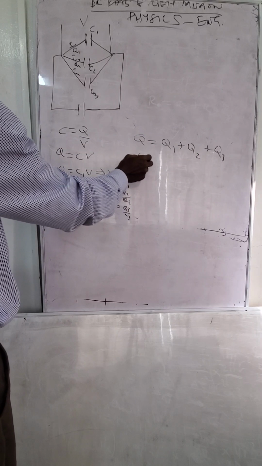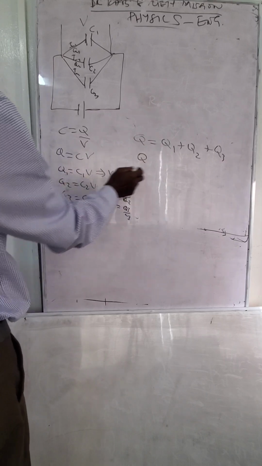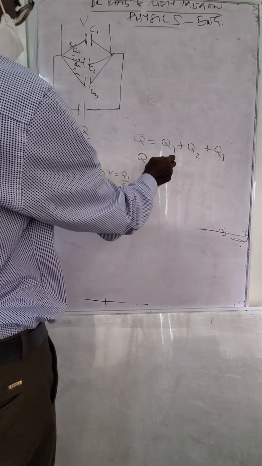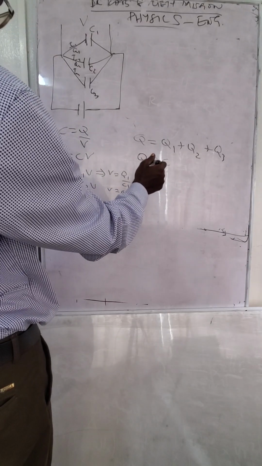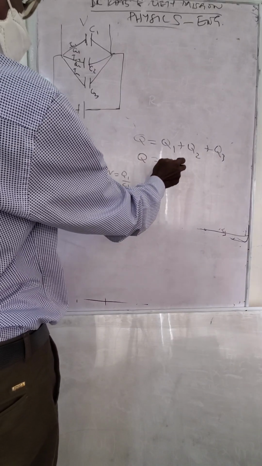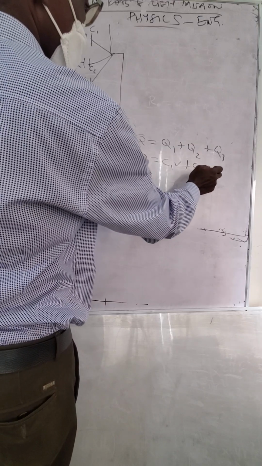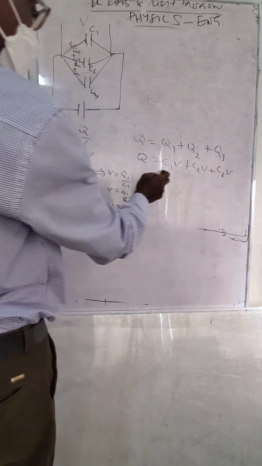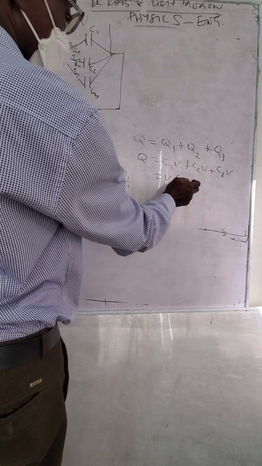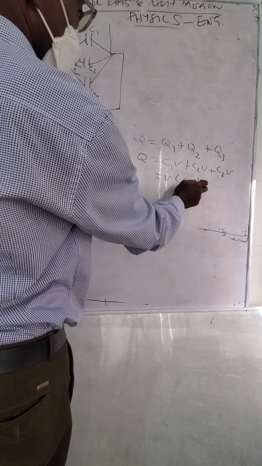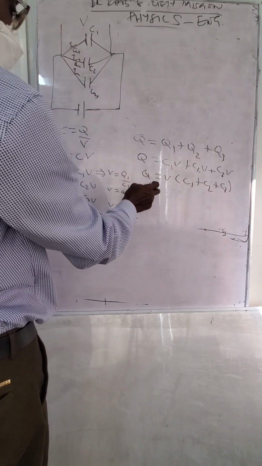So if you are putting Q here, then in terms of Q, Q1 is what? C1V, C2V, C3V. Okay, so this becomes V out, C1 plus C2 plus C3 in this Q, right?